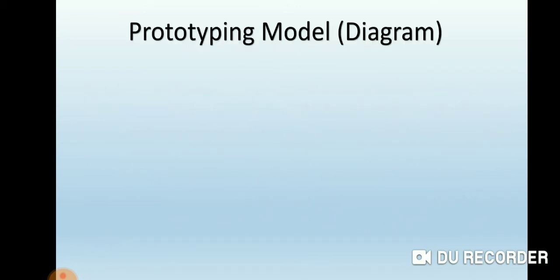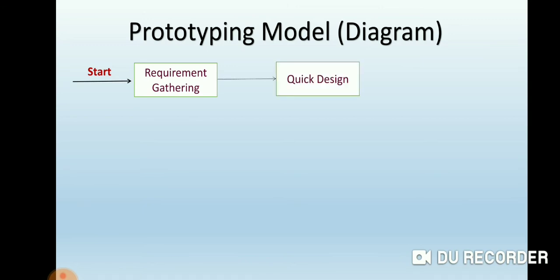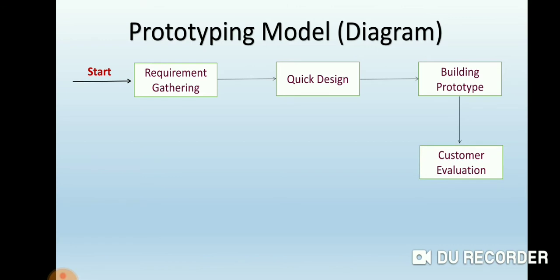Now we will try to understand the prototyping model with the diagram. First, it starts with gathering the information. With the help of the information, they will prepare a design, and with that quick design, they will convert it into a prototype. On the basis of the prototype building, they will collect information from the customer and evaluate.